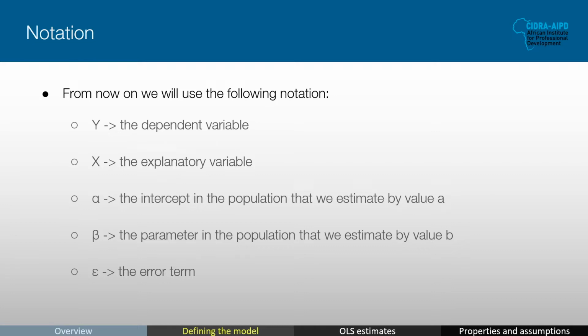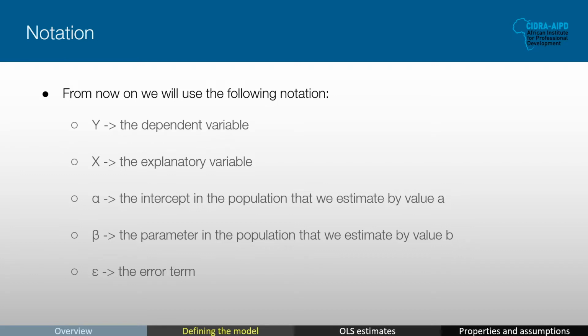The alpha and the beta are the factors that make up the regression equation. So alpha is going to be the intercept and beta is going to be the factor by which x influences y. Note that alpha and beta are the true population parameters that we assume to be there. We can never know this because we can never see the data generating process, but we can estimate them.